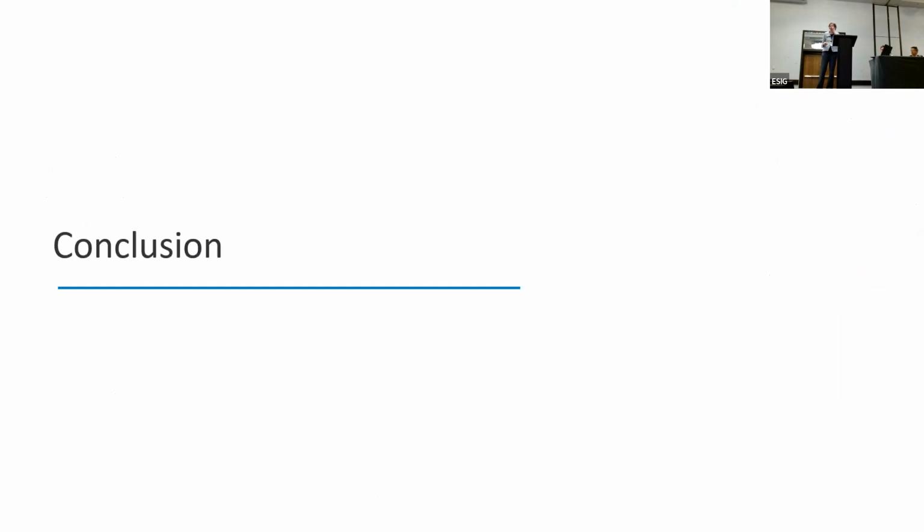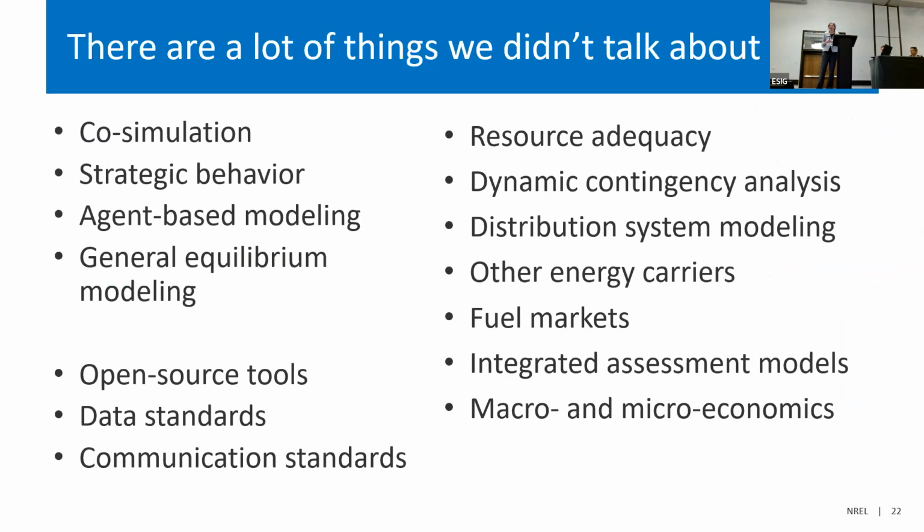So in conclusion, I talked about a lot of things today, but I also didn't talk about a lot of other things that are also important. There's different kinds of integrated modeling techniques. I really just talked about scenario analysis and handing data off between models, but you could co-simulate models.